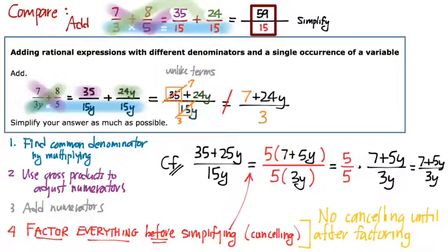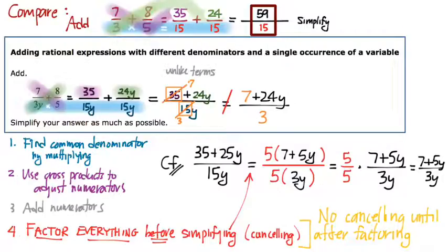This works because the 5 is a factor of the denominator, and it's also a factor of the whole numerator. The problem with our first stab over here is that, yes, 5 was a factor in our 35, but 5 wasn't a factor in 24y. And in order to be eligible to be canceled, it has to be a factor of the entire numerator and not just of one term in the numerator.